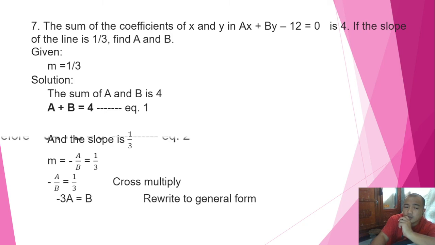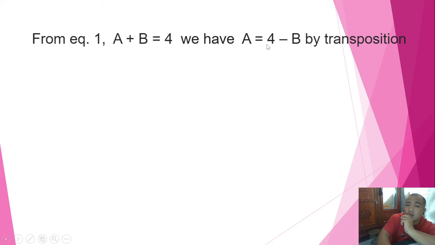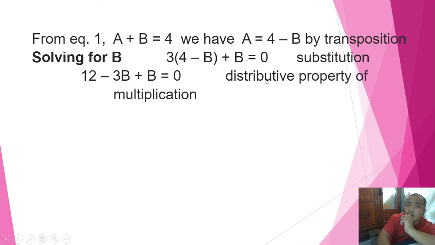Equation 2 is 3a plus b equals 0. So we substitute 4 minus b for a in 3a plus b. But a is 4 minus b. So 3 times 4 minus b plus b equals 0. 12 minus 3b plus b equals 0.